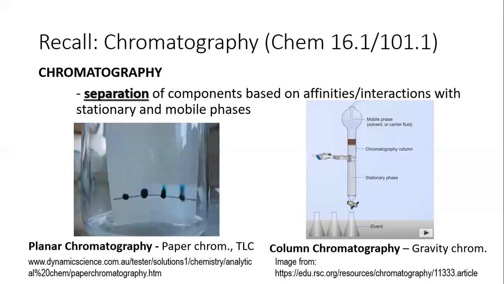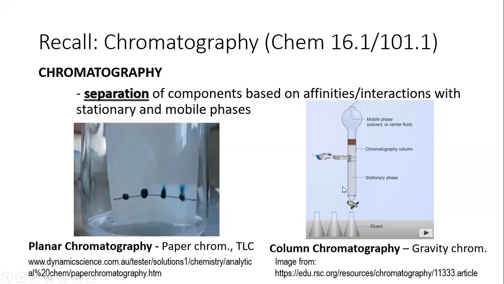We can classify your chromatographies based on the type of column, so the form of the column. If it is planar, it is a planar chromatography. Examples of planar chromatography are paper chromatography and thin layer chromatography. Whereas the other form is what we call a column.